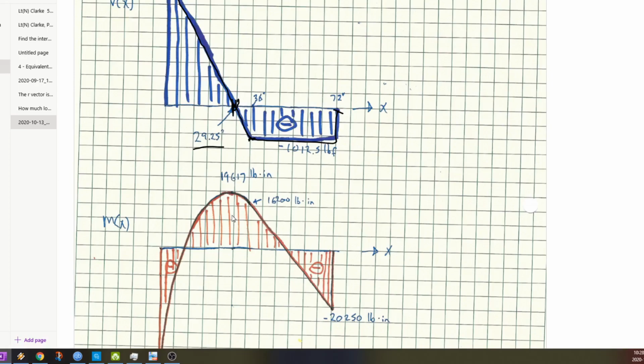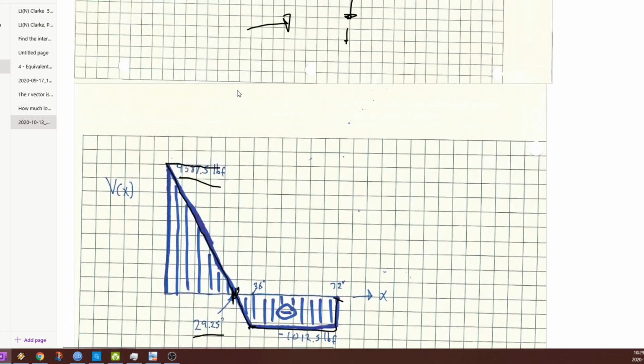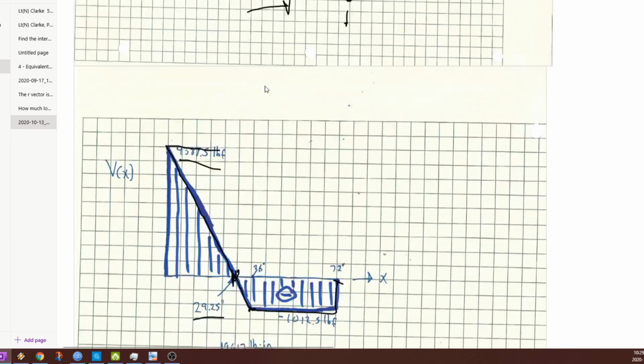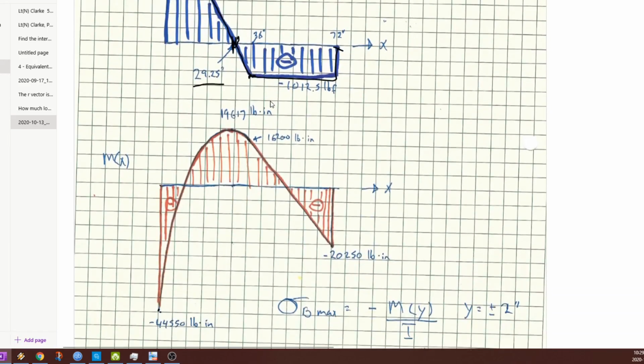19,617. And then we're able to figure out kind of where it starts to level off there.